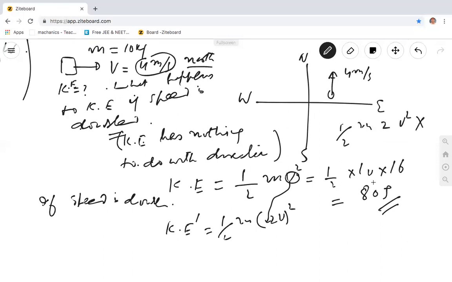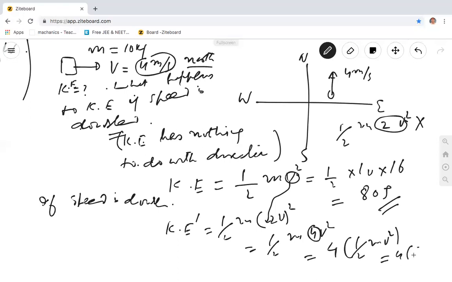That is wrong. This v has to be doubled, and square is to both. So it is 1 by 2 m 4v square. It is 4 times the same thing, 1 by 2 mv square. That is 4 times 80, that is 320 joules. Answer. Finished.